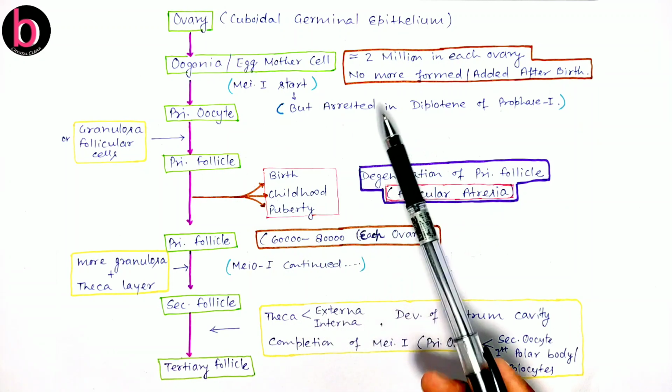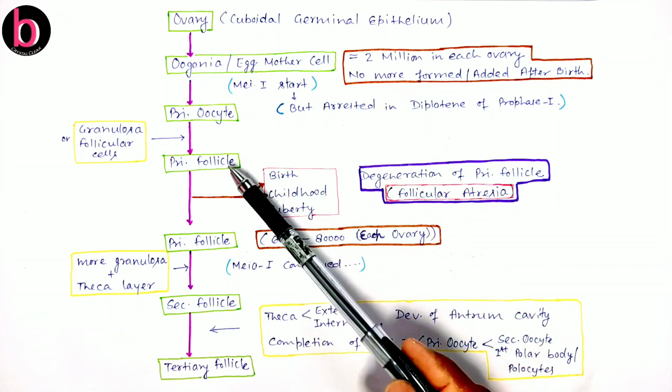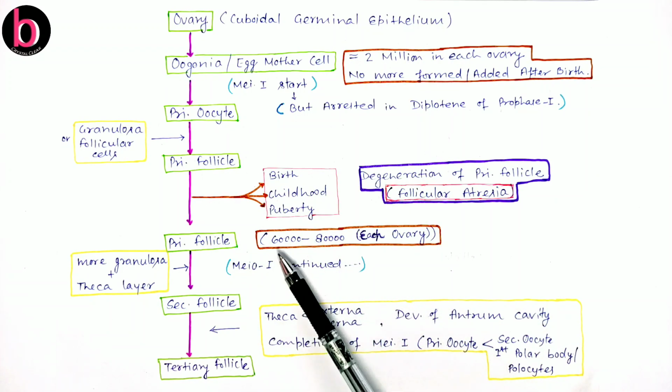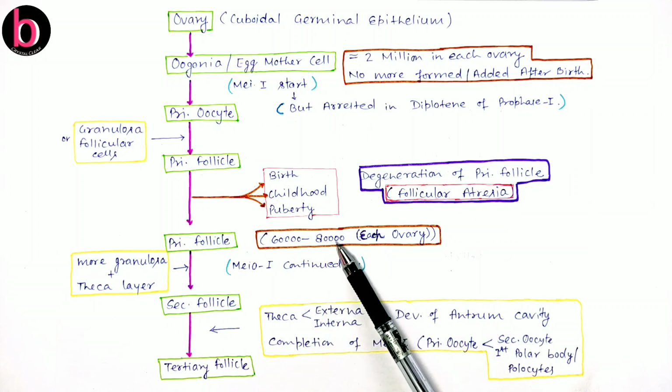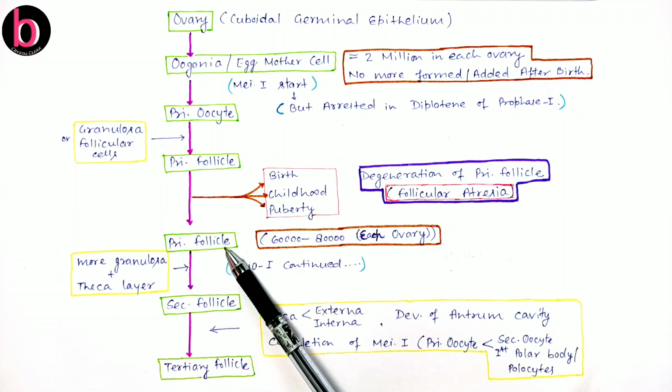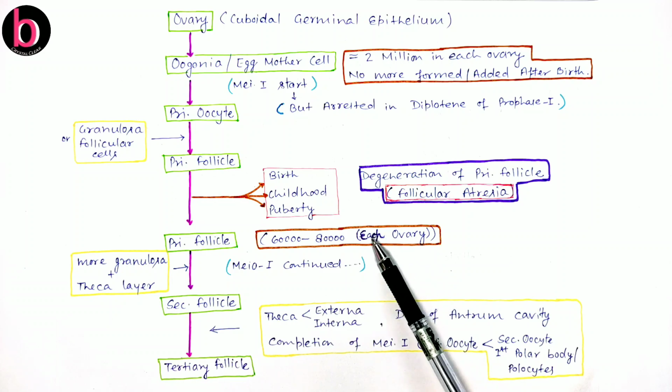So what was the number of primary follicles before birth? This was in millions, but now after birth there are nearly 60,000 to 80,000 primary follicles left in each ovary.